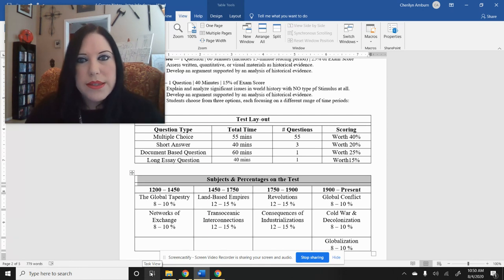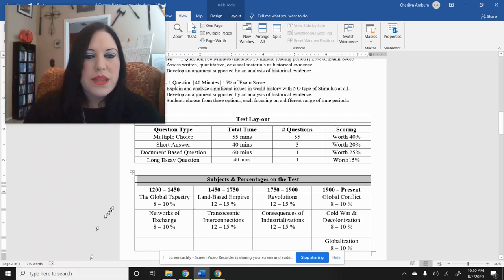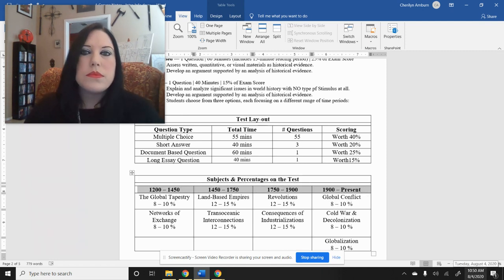The AP class is divided into 4 time periods: 1200 to 1450, 1450 to 1750, 1750 to 1900, and then 1900 to now.